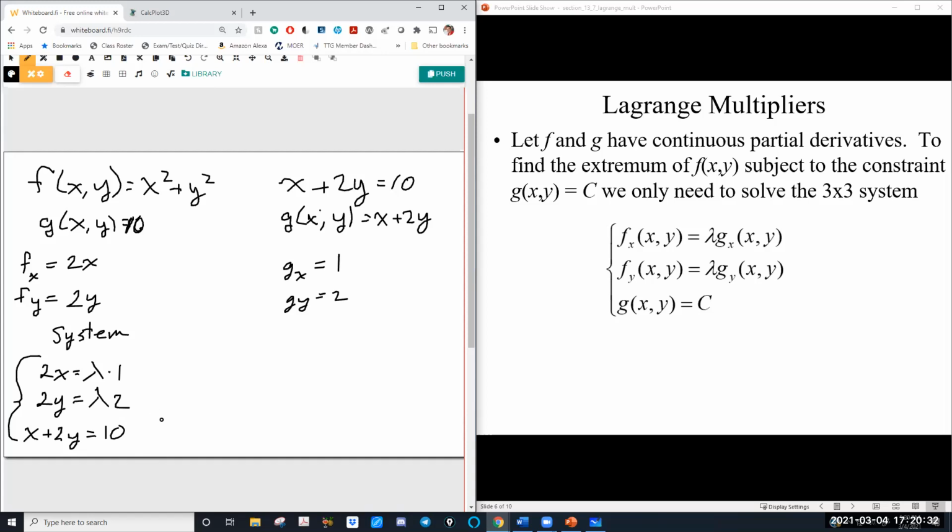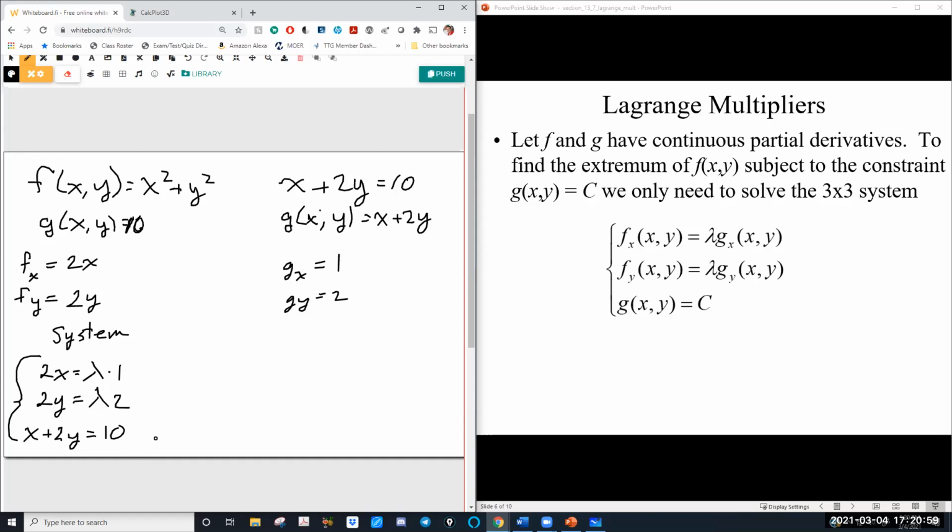The reason I really want to emphasize this is that what we've done up till now involves stuff that we just learned: partial derivatives, and introducing this lambda because we need parallel vectors. But going forward from here on out, the rest is just algebra.